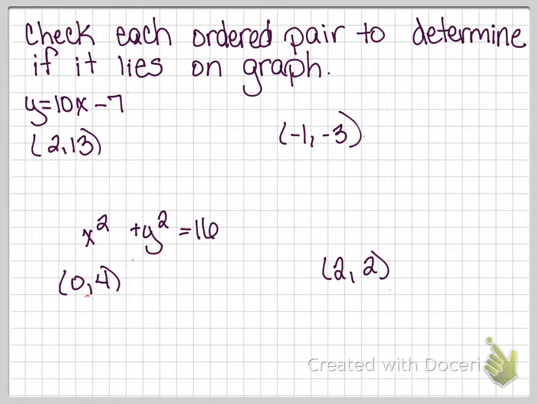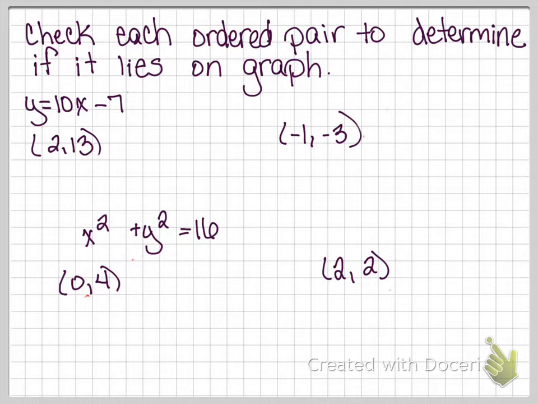So what I want to know is if I graphed y equals 10x minus 7, would the point (2, 13) be on that graph? That's what I want to know. Then I want to know, would the point (-1, -3) be on the graph of that line? That's what I want to know.